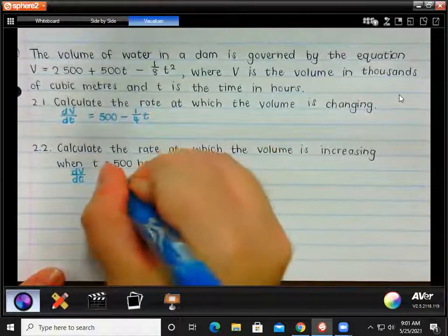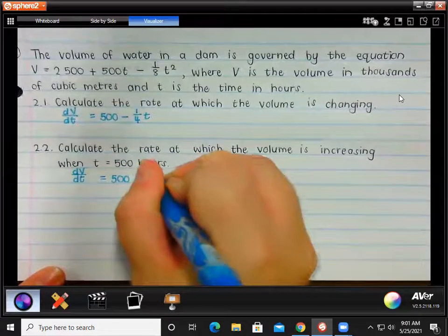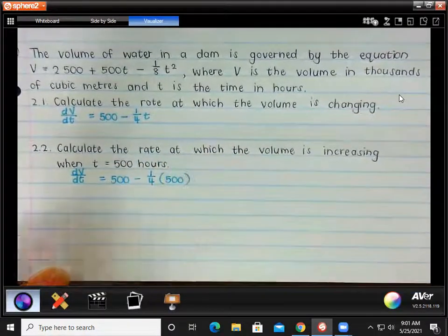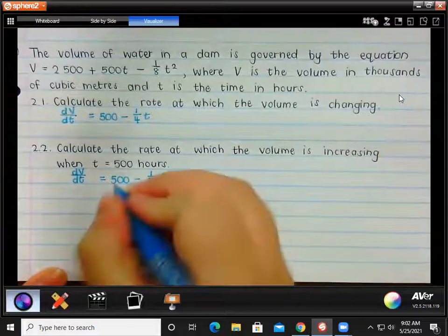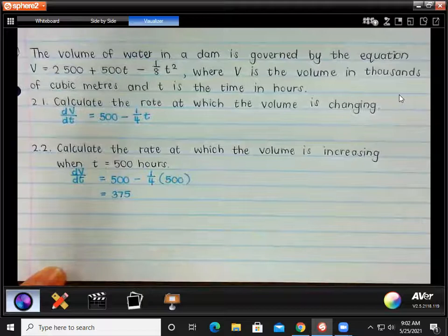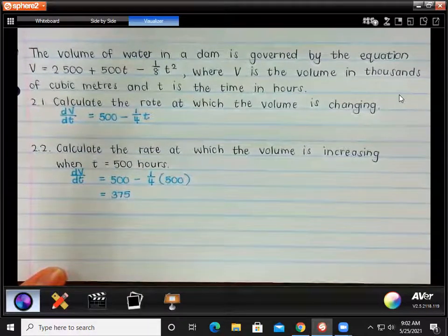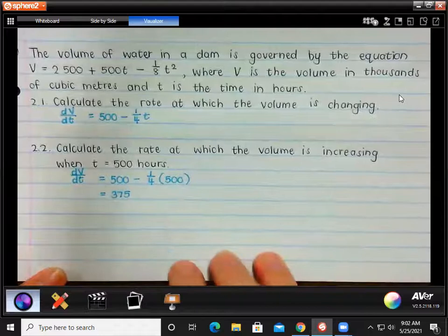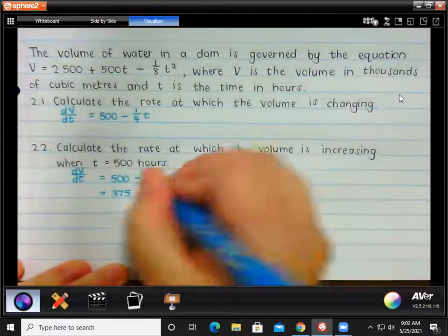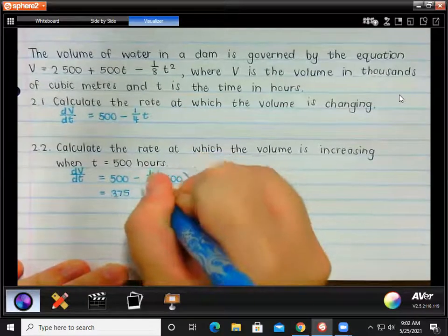Okay, so 500 minus a quarter times T, which is also 500 in this case. And then we will get 375. Now we do have to write our unit. Now guys, what was the unit of the volume here? Thousands of cubic meters. All right. Now you can write it out, thousands of cubic meters, or you can also just say 1,000.